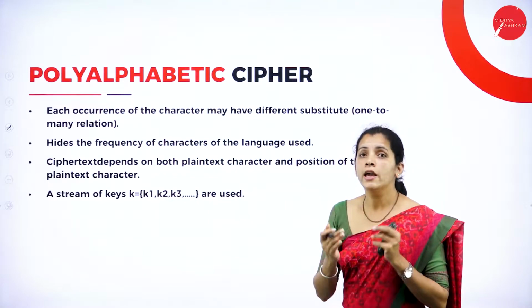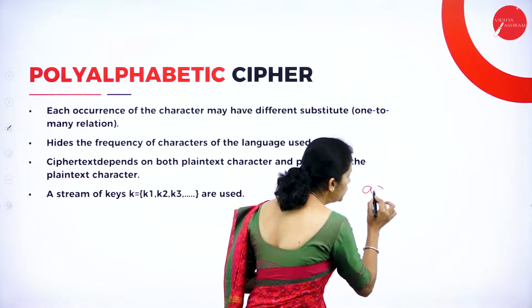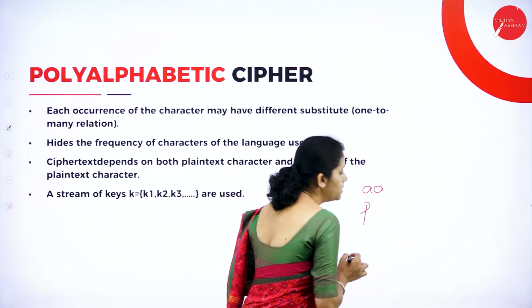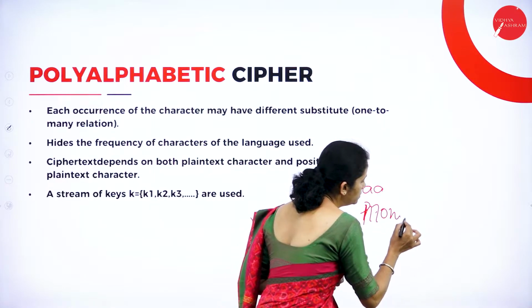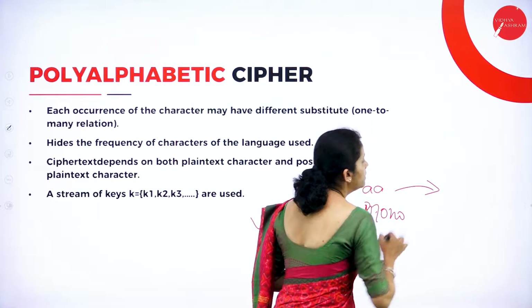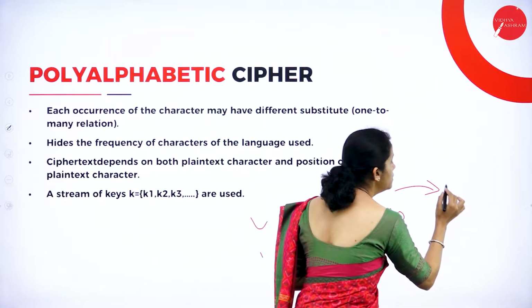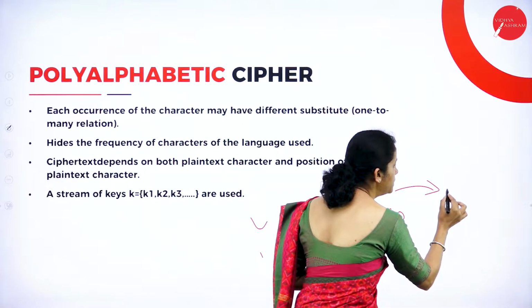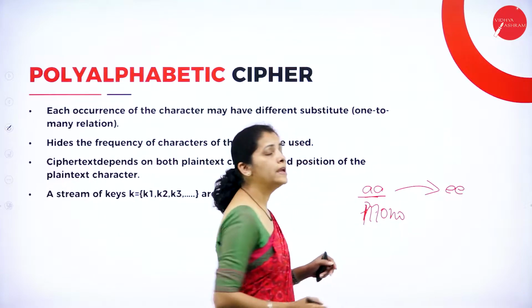That means if I consider monoalphabetic, if I'm having two A's in my plaintext, then if I encrypt this, I'm going to have the cipher. For example, say it is E and E. See here, I'm having A twice.